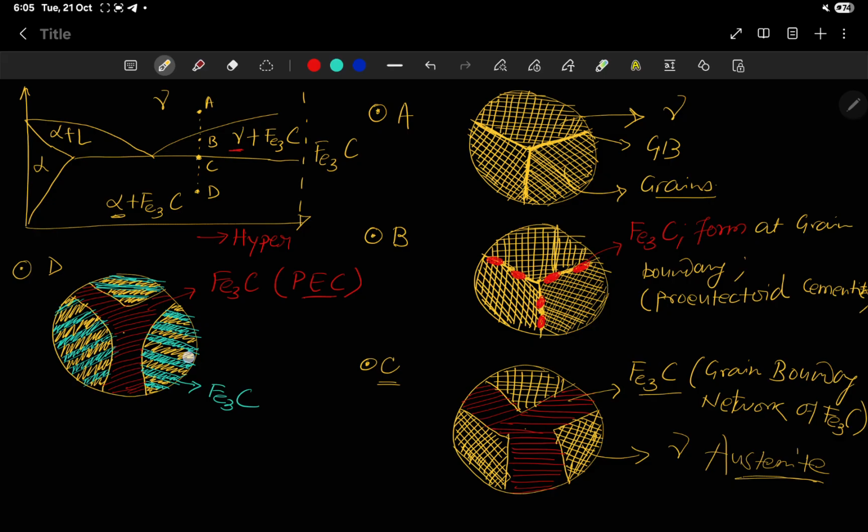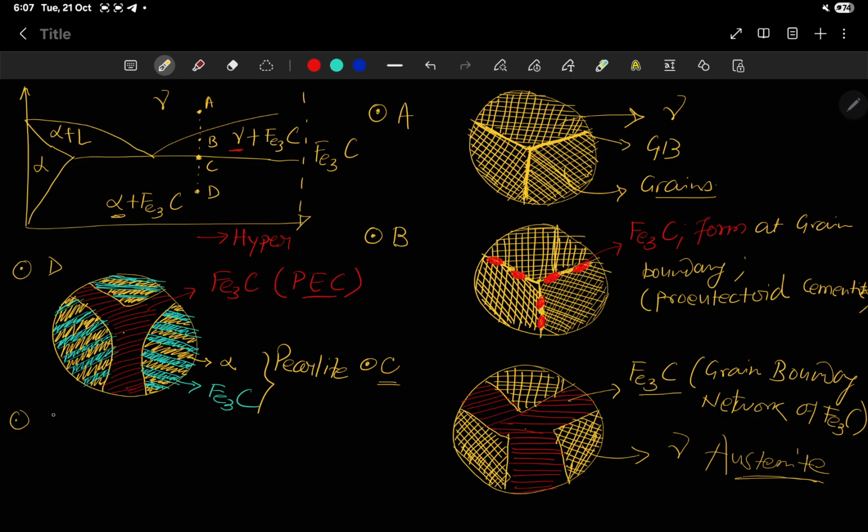This is Fe3C, this is alpha, and so this is alpha plus Fe3C, which will be called pearlite. So this is pearlite.